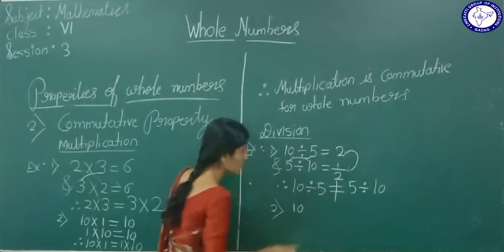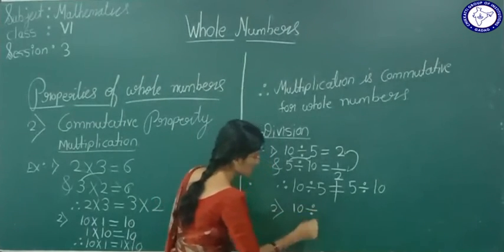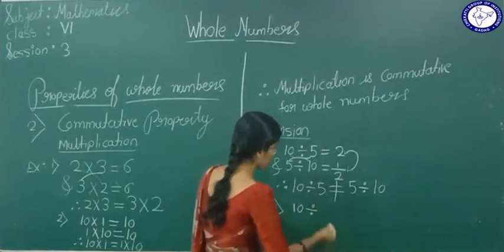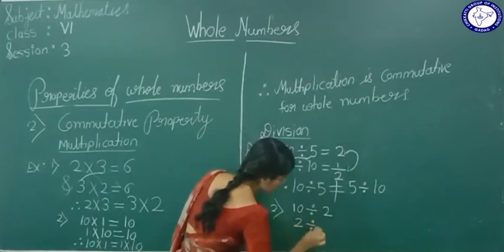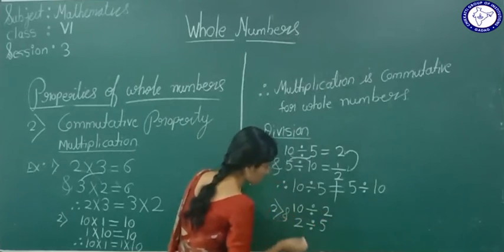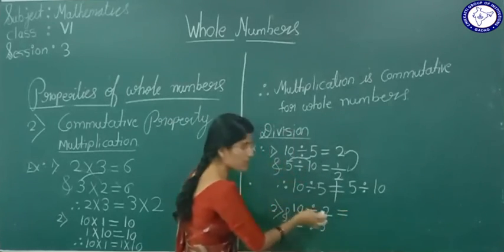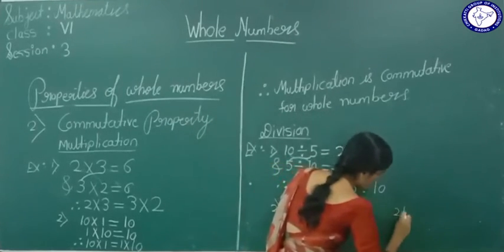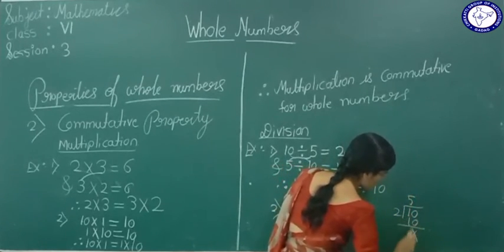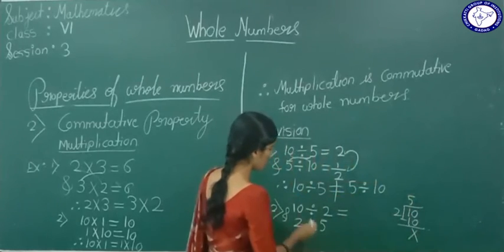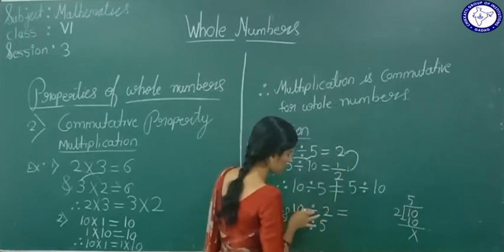10 divided by 2. And what is 2 divided by 5? Now see, 10 divided by 2 is what? 2 5s are 10. Yes or no? What is 10 divided by 2?